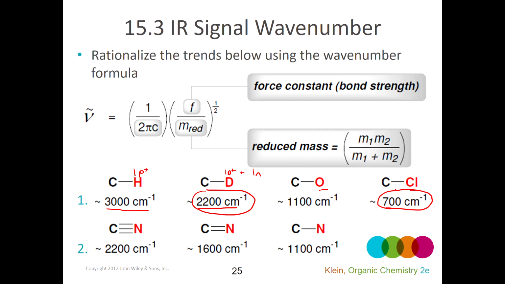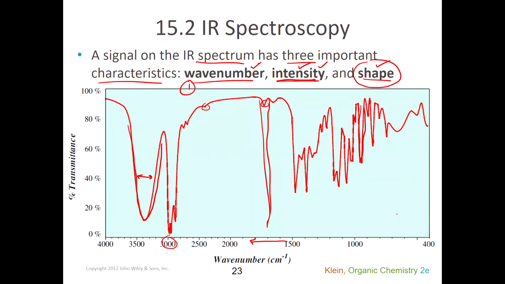So one of the limitations of IR is it's really hard to tell if you have a carbon-chlorine or a bromine or some other heavy element present. Right? Because what do we say? Around 700, that would be right around here.